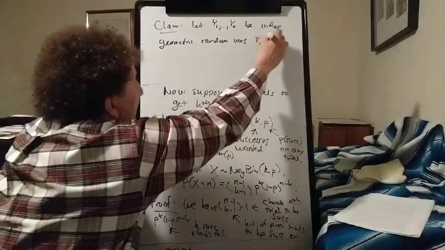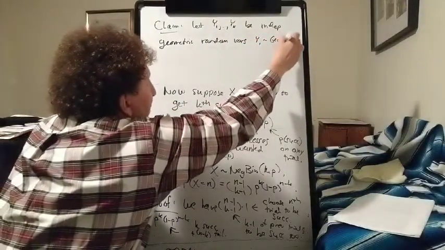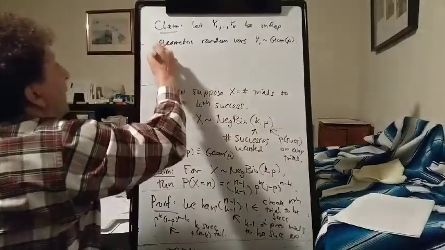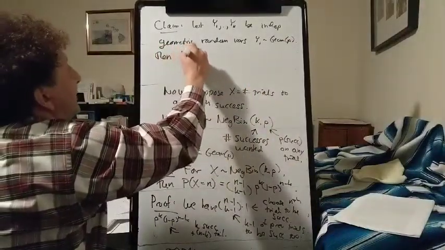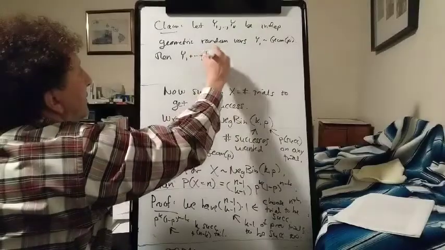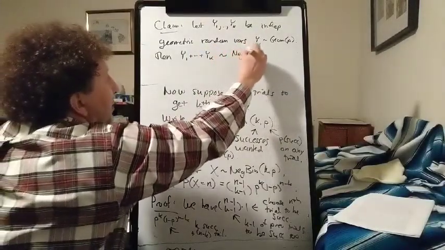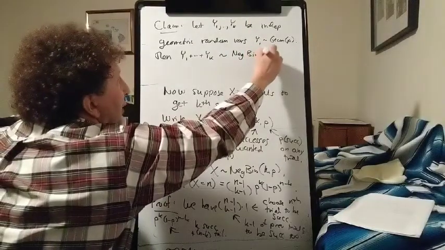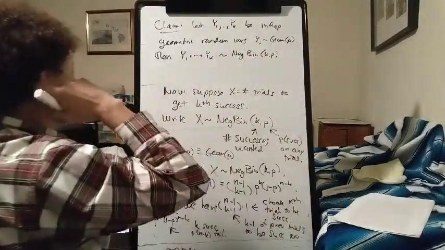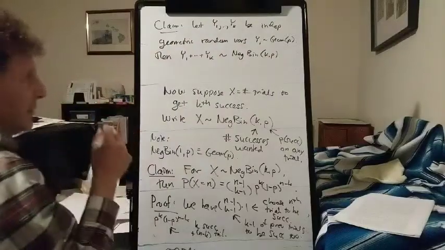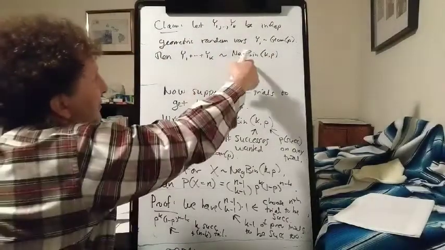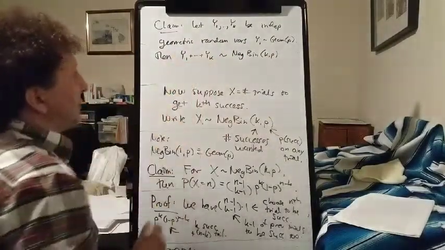So Yi is geometric with probability p. Then if we add these together, that's just a negative binomial random variable with parameters k and p. So every negative binomial random variable, I'm claiming, is the sum of geometric random variables.